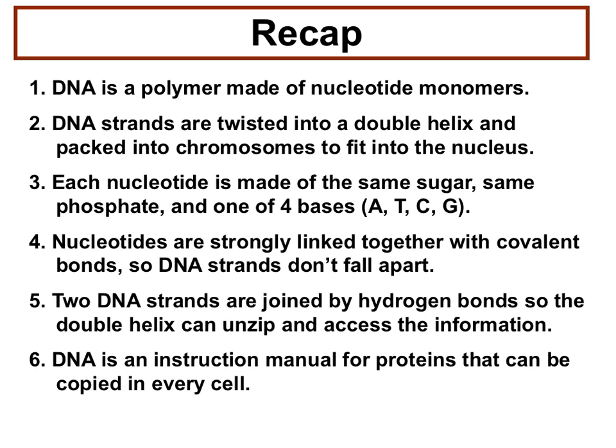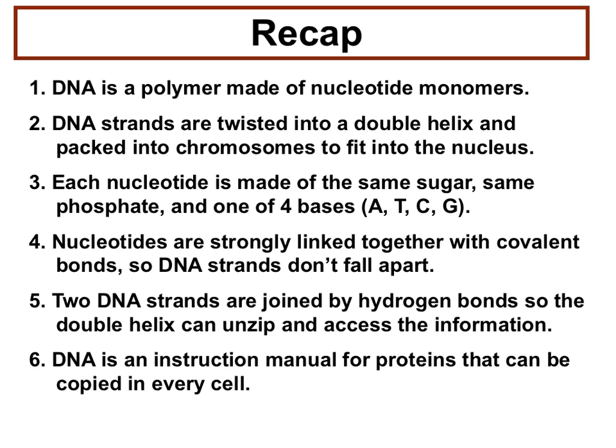These nucleotide monomers are strongly linked together to make a DNA polymer using covalent bonds, strong bonds that keep the DNA strands from falling apart. But 2 DNA strands are joined together by weak hydrogen bonds.